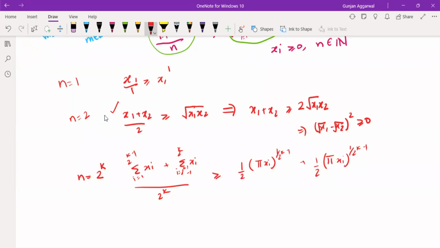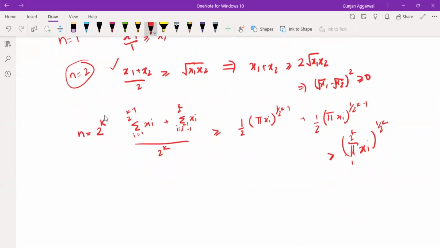You can apply AM-GM with n equals 2 here, which gives the product of xi from 1 to 2 raised to k, root of half, 1 by 2 raised to k minus 1 is just 1 by 2 raised to k. So that works. But if you want, you can try to prove it for the general n now for a few minutes. Then I'll discuss.